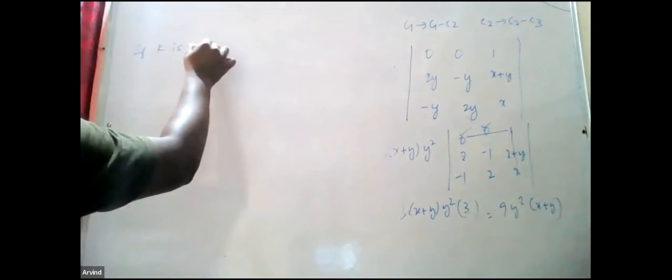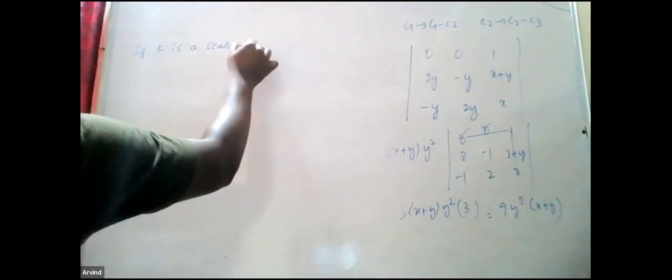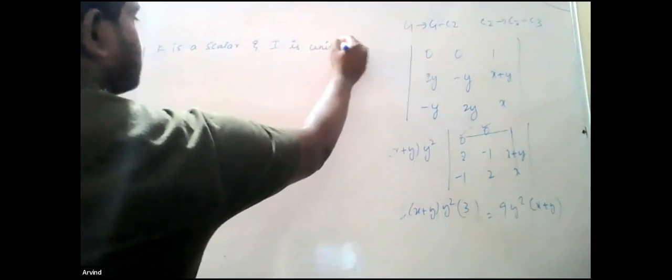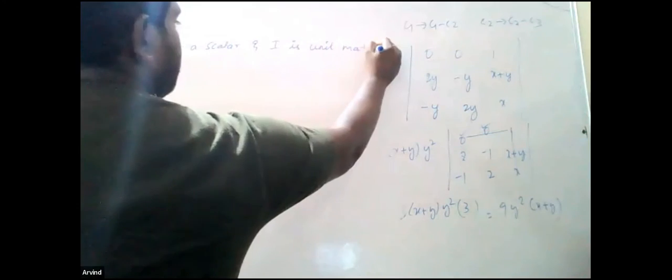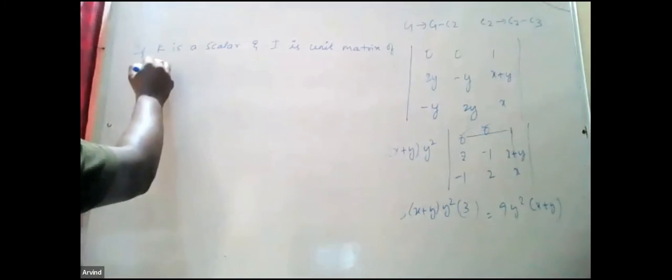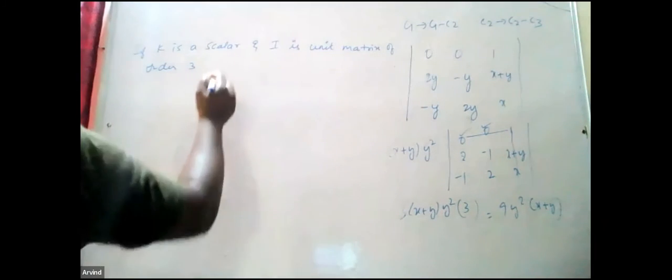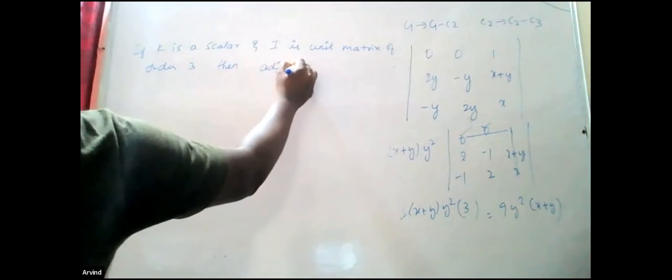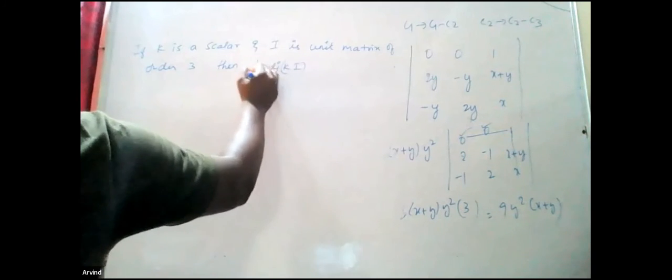If K is a scalar and I is a unit matrix or identity matrix of order 3, then what will be the adjoint of KI?